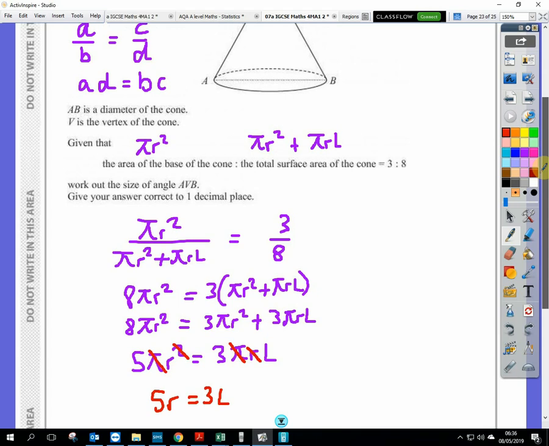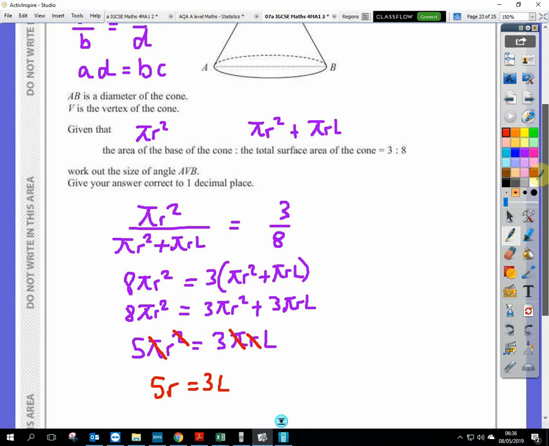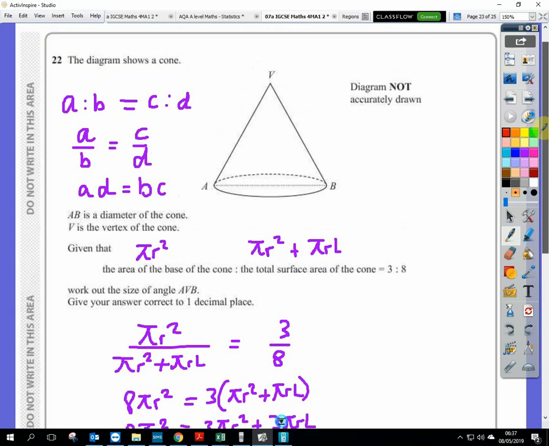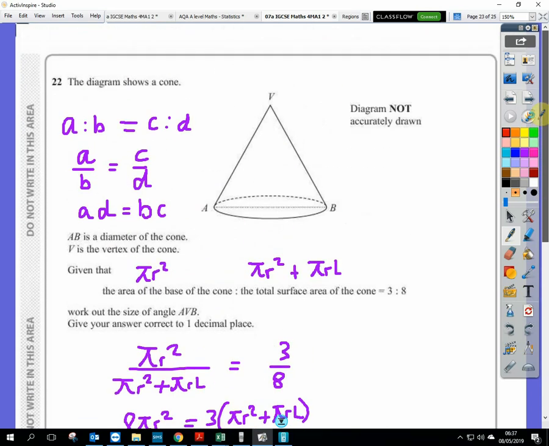What I'm trying to do is to work out the size of angle AVB. At the moment, I know that the diameter, I could label it D, but I'm going to label it 2R.